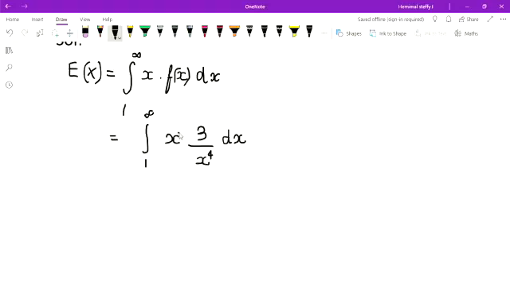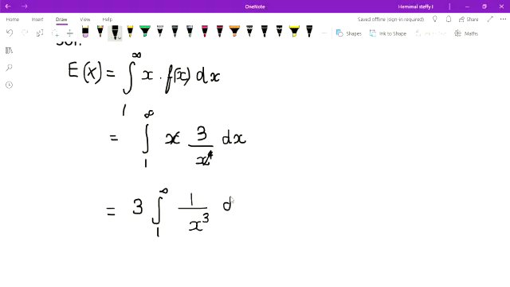We cancel one x, and here we have x power 3. So we take the constant outside, and the integral from 1 to infinity has 1 by x power 3.